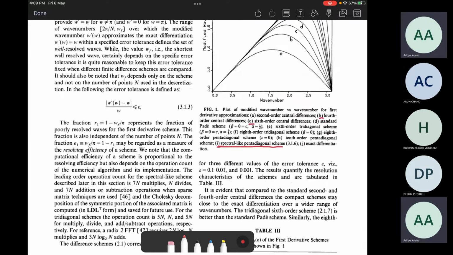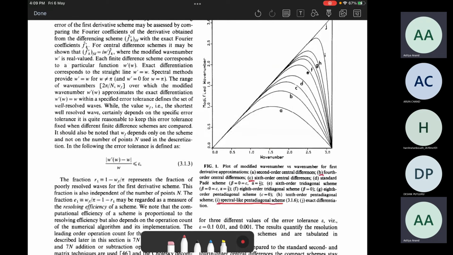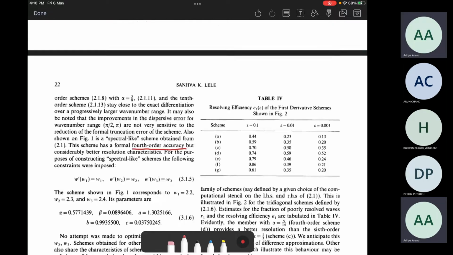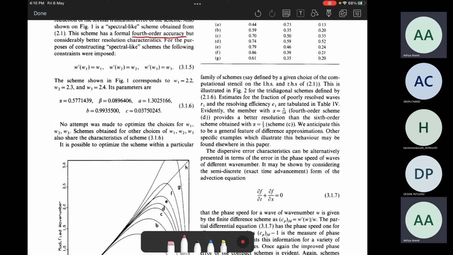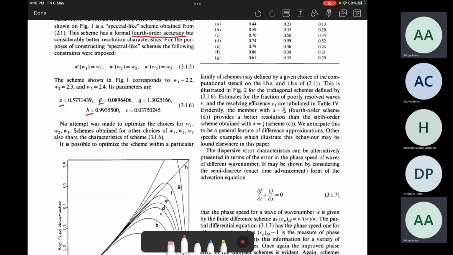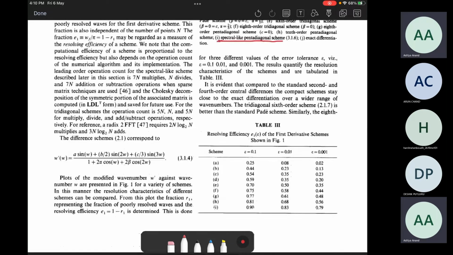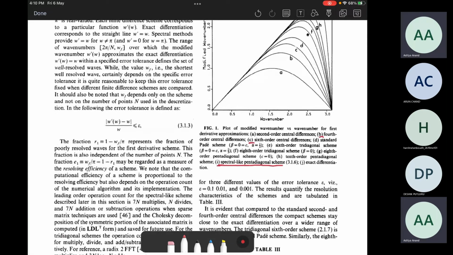Ideally, the wave numbers resolved get higher and higher as you go from lower order schemes to higher order schemes. But you can resolve a higher number of waves by just tweaking these parameters, alpha, beta, a, b, and c. So you can look at how the resolved wave numbers change.